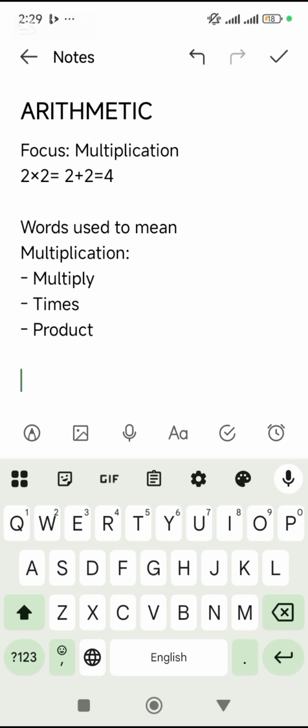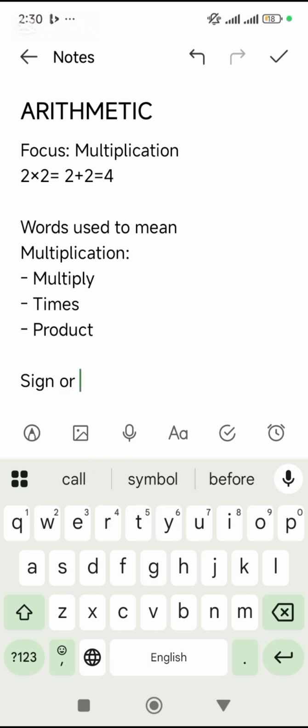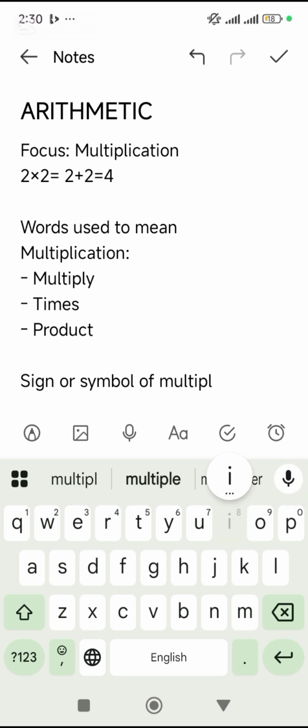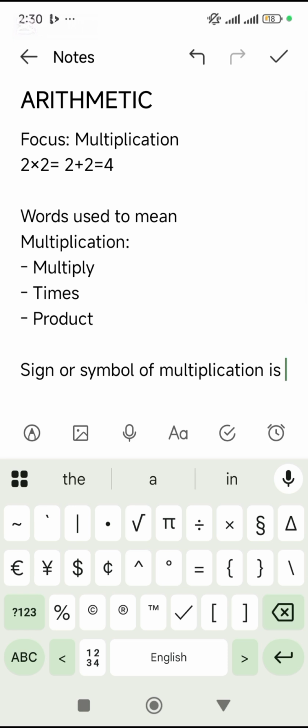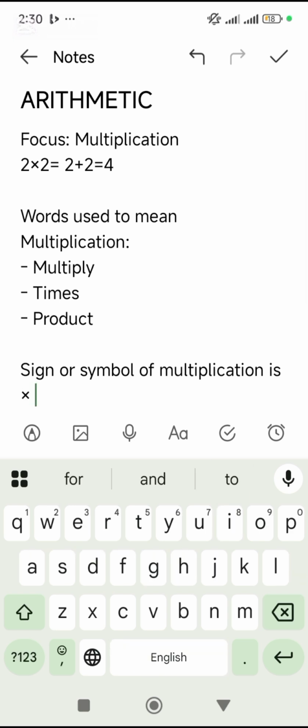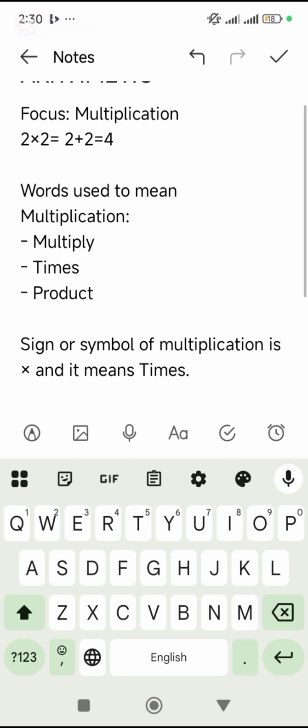If you are still growing up in maths, I would like to advise that you go and master your times table. The sign or symbol of multiplication is this sign, and it means times. It is called times.